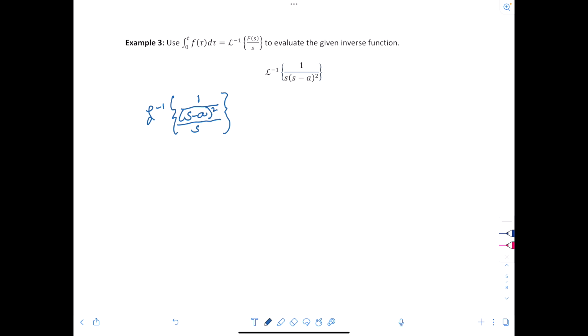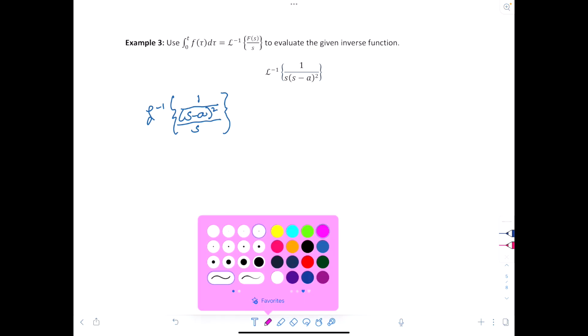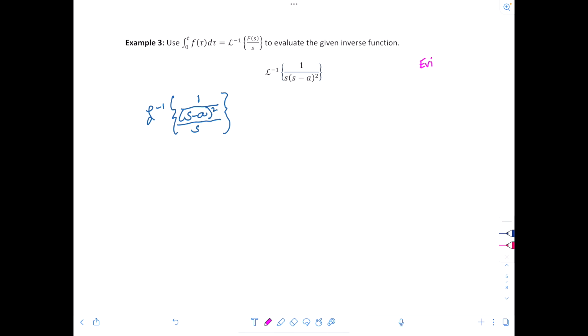So this is one of those times where you might need to go and look at your Laplace transforms. There's a couple ways you can look at this one, right? The ideal way would be for you to recognize that. So, evil plan.